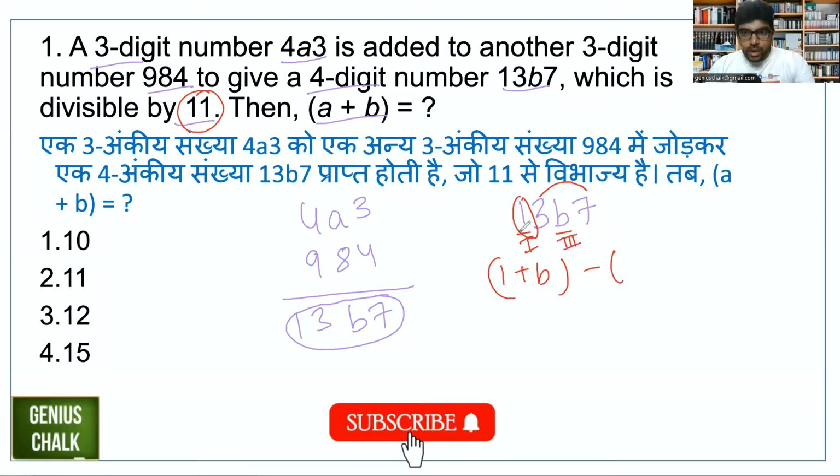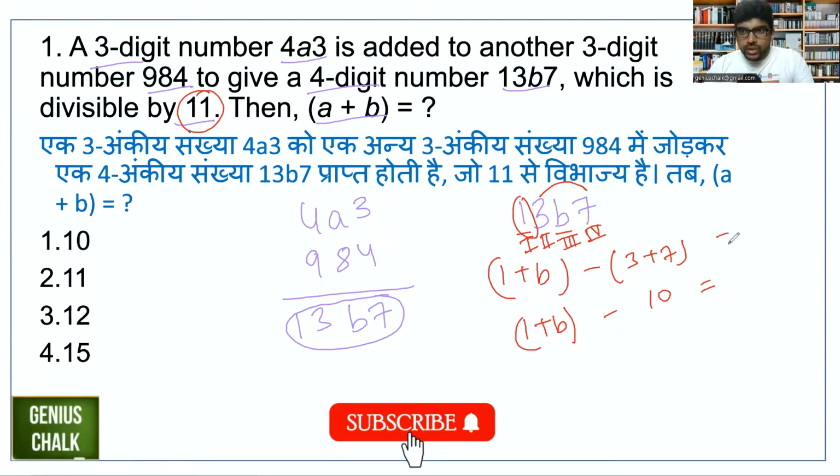So sum of the digits at odd places minus sum of the digits at even places. So you can see the second position is 3, the fourth position is 7. So 3 plus 7, it is going to be 10. Now 1 plus B minus 10.